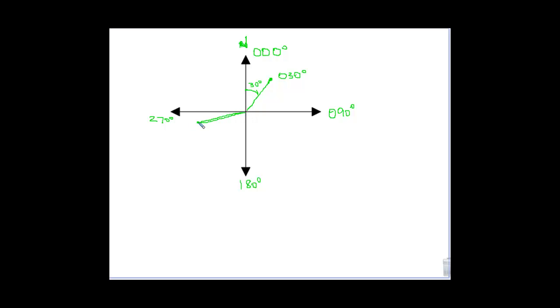So if we have a point over here and we've gone, say, 260 degrees, this bearing would be 260 degrees. So that means that angle there would be 10 degrees. We get to do a little bit of adding, subtracting.